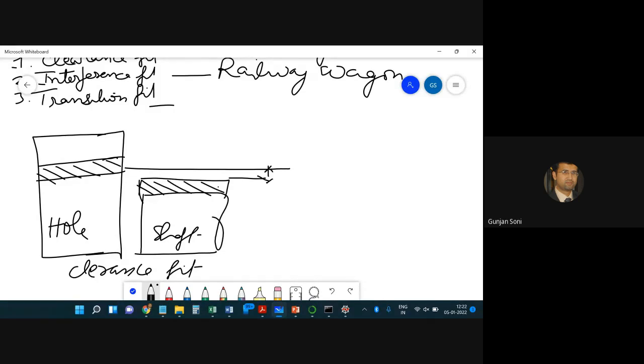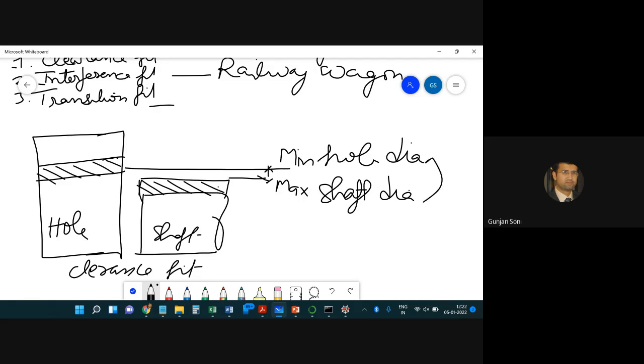Okay, maximum diameter of shaft. So this is your max shaft diameter, and this is your minimum hole diameter. So your maximum shaft diameter should be less than minimum hole diameter.